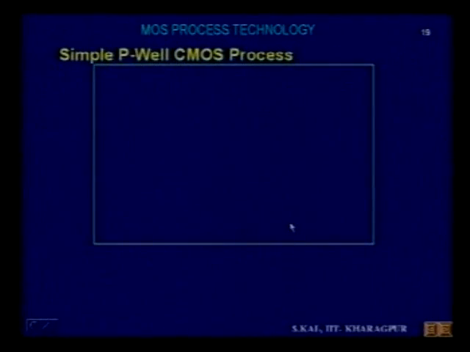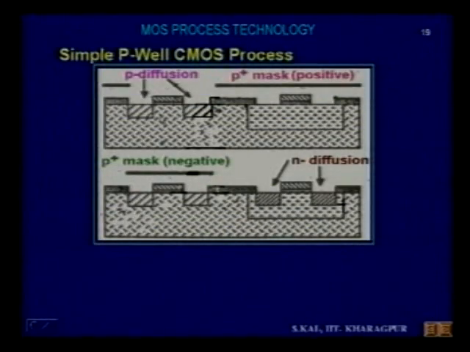Now, the next step is just P diffusion. This is the POL process, that means N substrate. N substrate means you are getting PMOS here. So for PMOS you need P-type source and drain diffusion.